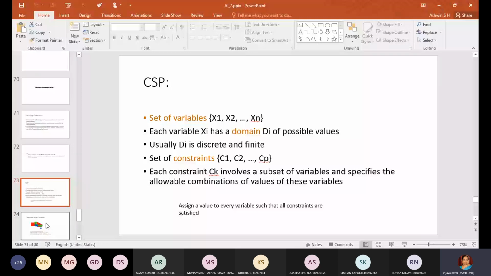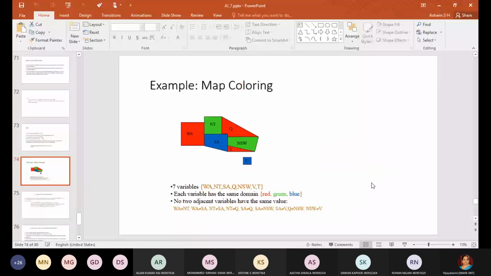I take one simple example here. I am not going to solve it now. This is normally called the map coloring problem in artificial intelligence. So what is this map coloring problem? There are 7 variables. You can consider this to be a map of a certain country with, say, 7 states.